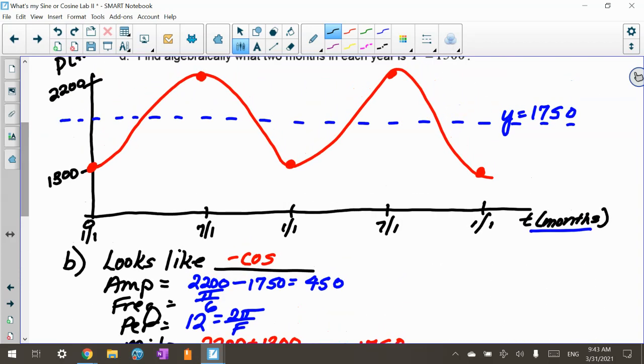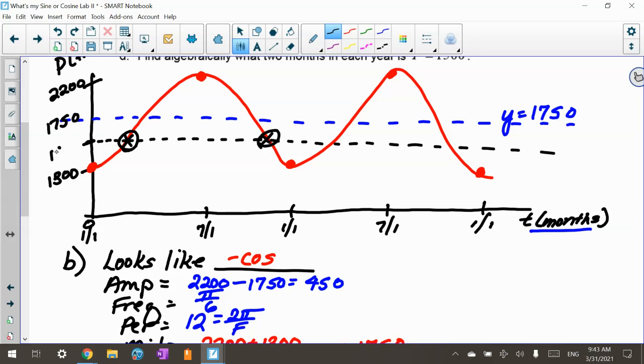If this is 1,750 right here, 1,500 is going to be here. I'm just going to look at one cycle, so you're looking here and here. You're trying to figure out, when is my population 1,500 according to our model?